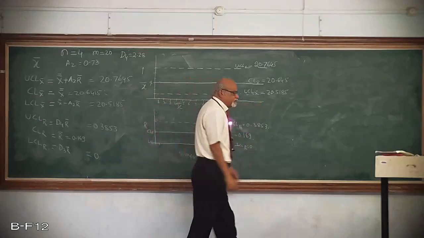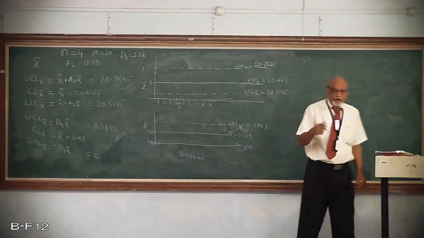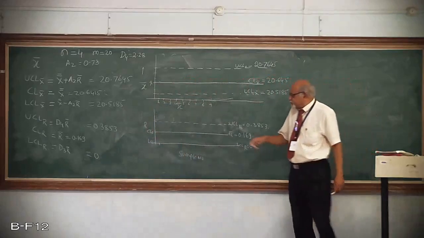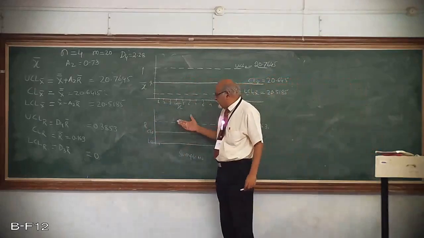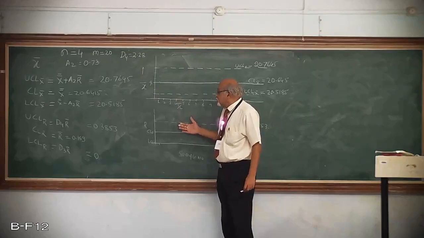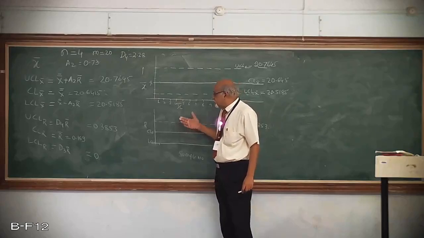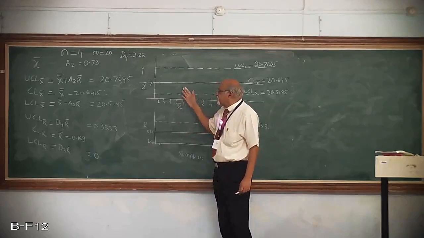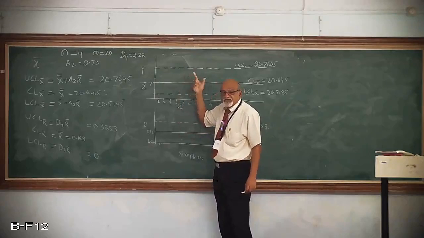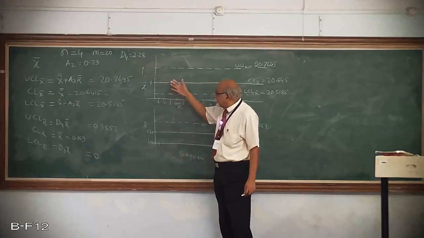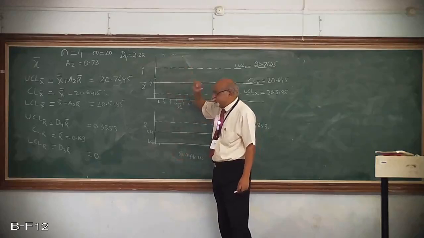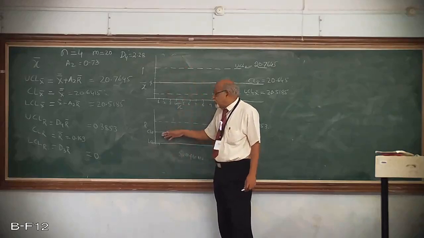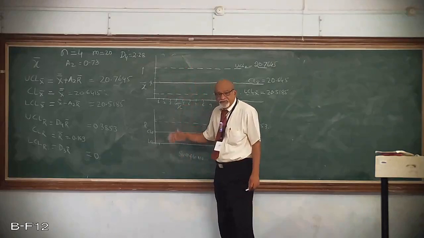Got this one? The same sample, its range values fall outside one of the control limits. Similarly, on the X bar chart also it falls outside the control limit. What is to be done? Or it falls within the control limit on the X bar chart but outside the control limit on the R chart.